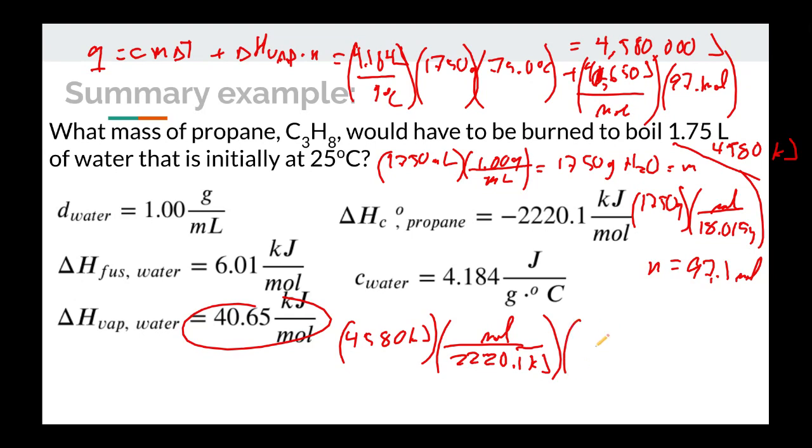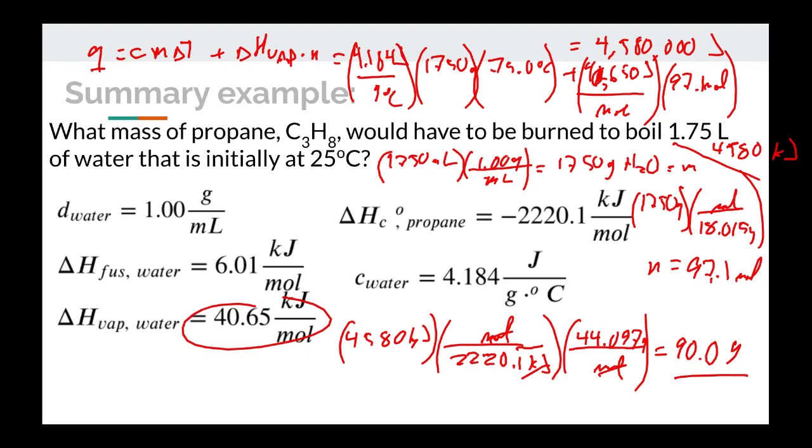And then the molar mass of propane, which is C3H8, is 44.097 grams per mole. So moles cancel, kilojoules cancel, and this will give us grams of propane. The arithmetic works out to 90 grams.